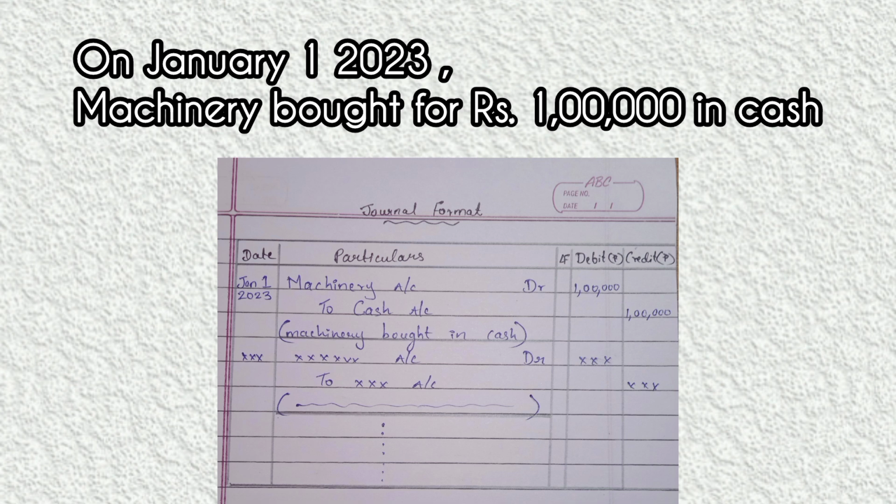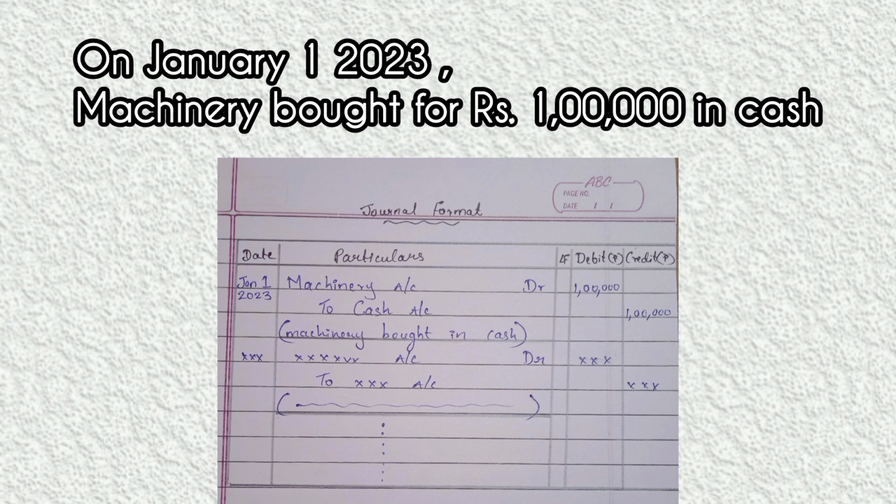Then in the particulars column, we write whatever is debited in the first line. In this case, machinery is debited. When we are buying machinery, machinery is debited and cash is credited. Just go back to the rule, it will be clear for you.